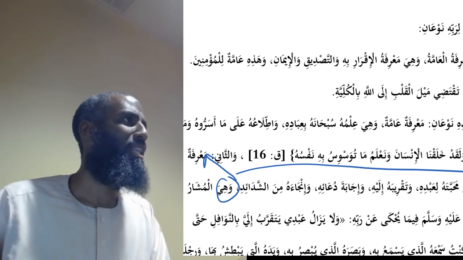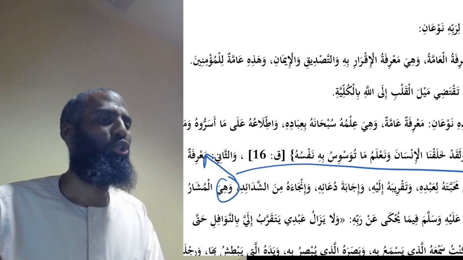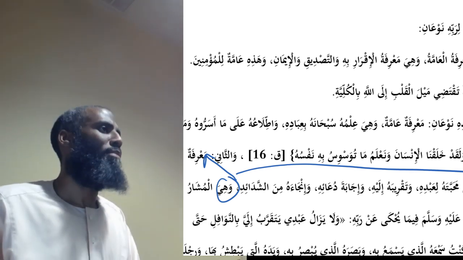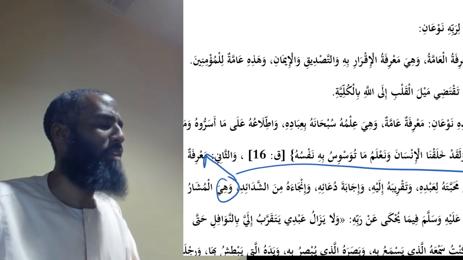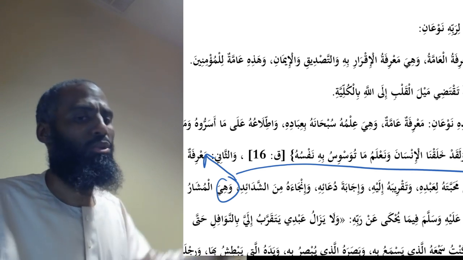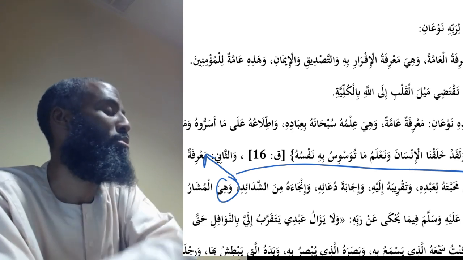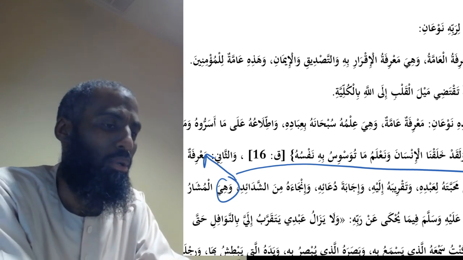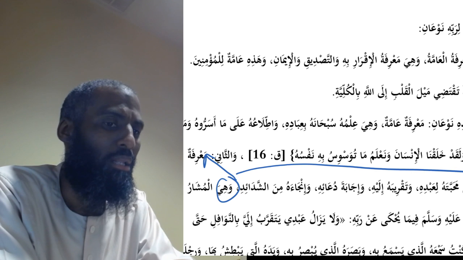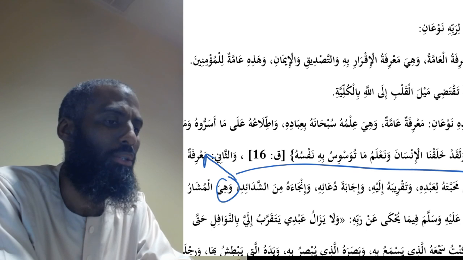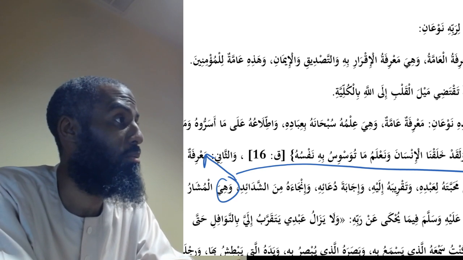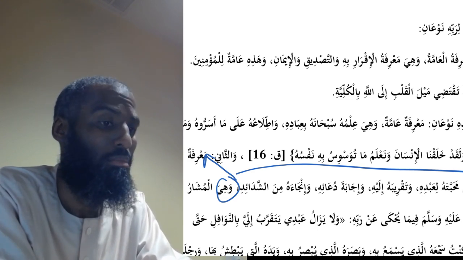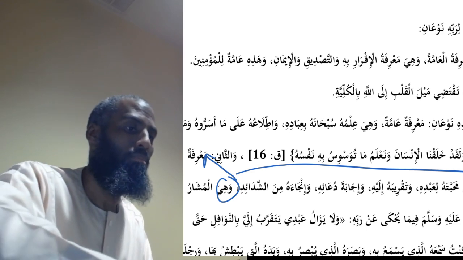وهي يعني معرفة خاصة المشار إليها. Alright. We don't want to pick apart every single word, but basically وهي المشار إليها, in other words, this معرفة خاصة is being referred to بقوله, by the Prophet's statement sallallahu alaihi wasallam, wherein he has said that Allah said, ولا يزال عبدي يتقرب إلي بالنوافل.